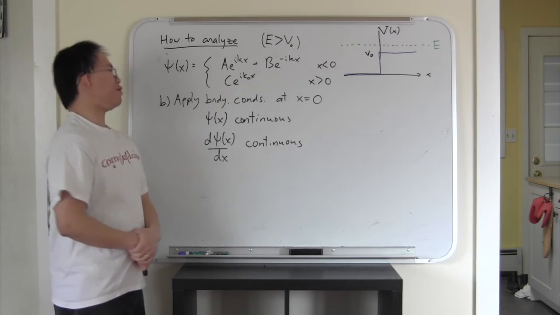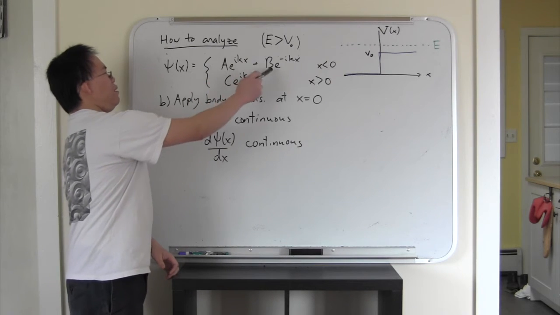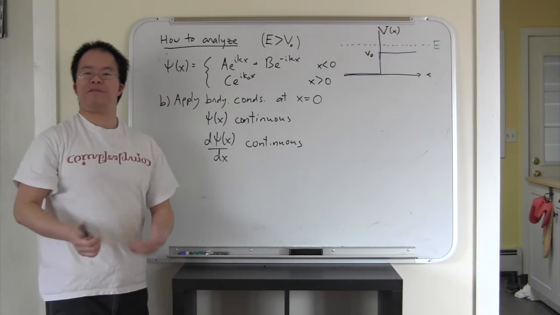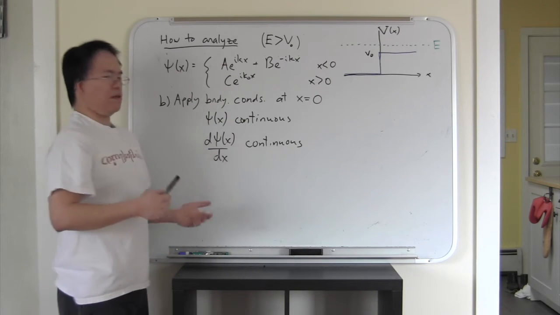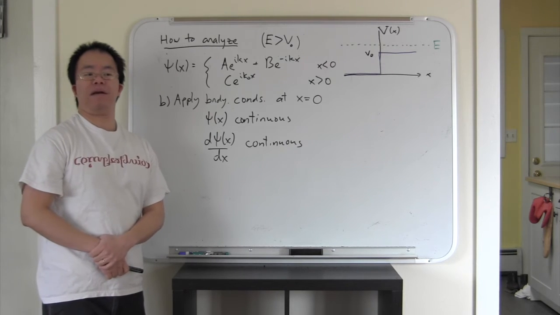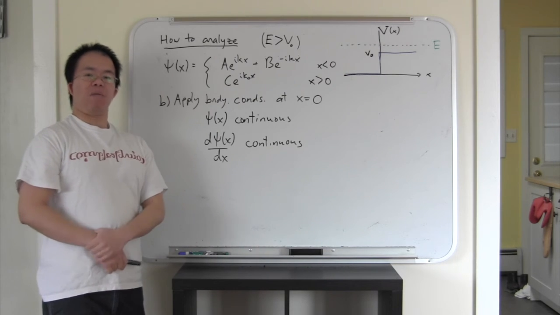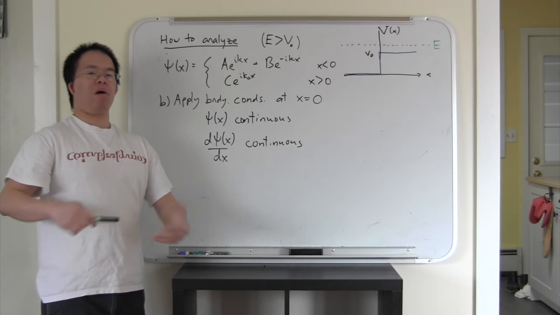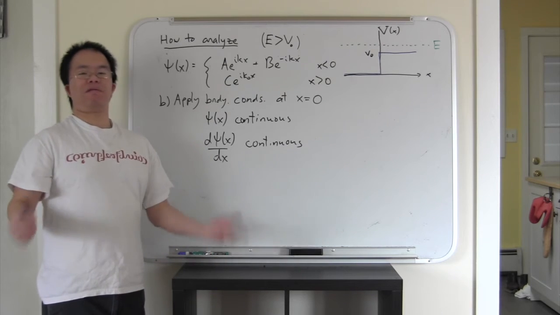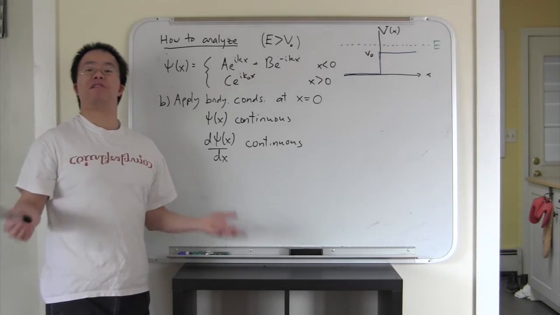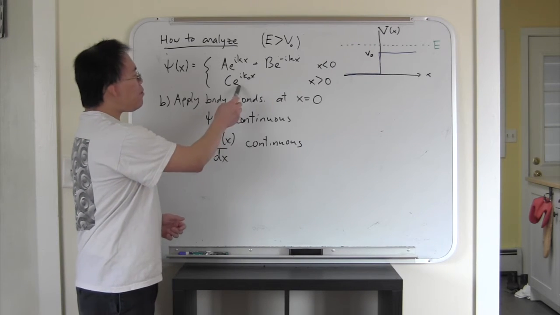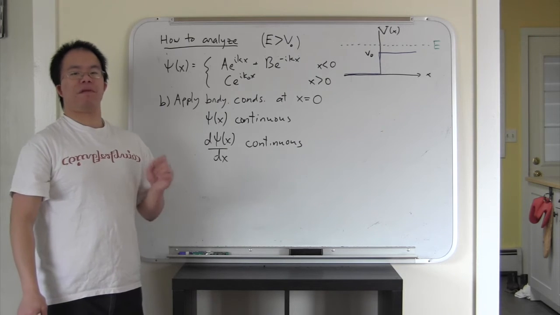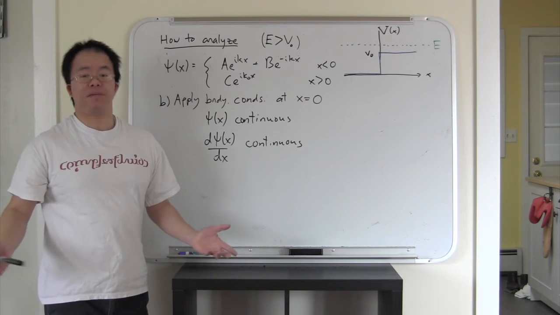Now, you might have a concern, which is we have three undetermined coefficients, A, B, and C, but only two boundary conditions to apply. Previously, that wasn't a problem because there was always an overall multiplicative constant we could determine by normalization. However, remember that these plane wave functions aren't normalizable.